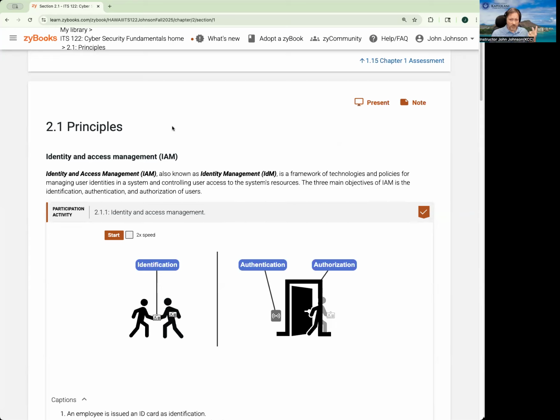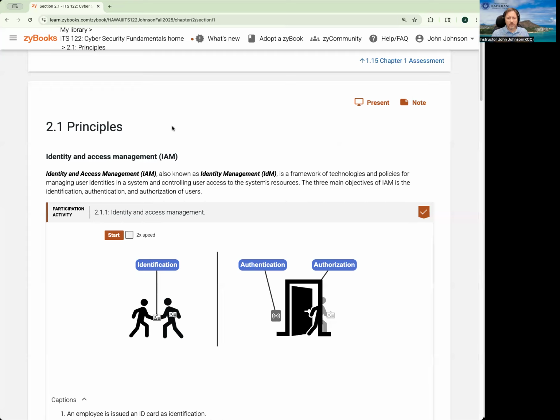Identification, authentication, and authorization. And when we say users, we don't necessarily mean people like you and I. A user could be something else like a process as well. Sometimes you want things to run in systems automatically, and we have service accounts and things like that. So we'll need to sometimes identify, authenticate, and authorize those service accounts and other things like that as well.